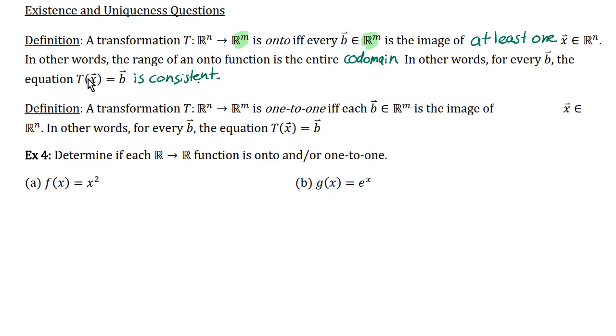Now, a transformation is one-to-one if and only if each b in Rm, each b in the codomain, is the image of at most one x.